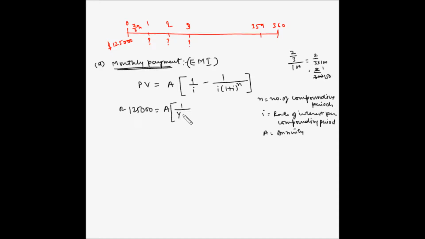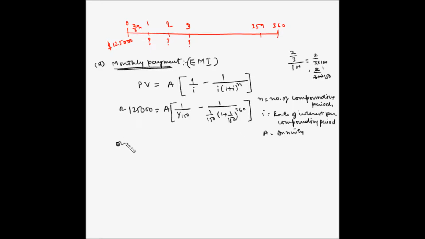So this becomes 1 by 150 minus 1 divided by 1 by 150 into 1 plus 1 by 150 to the power n. N is the number of compounding periods, which in our case is 360.